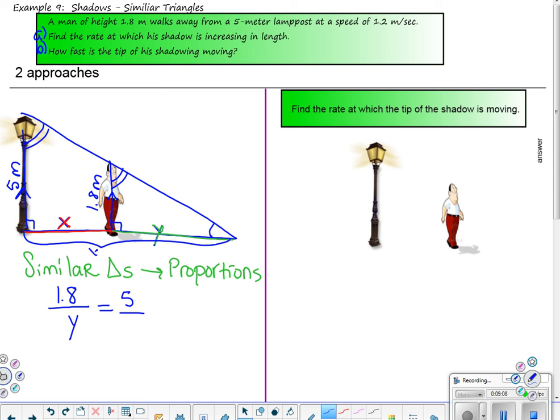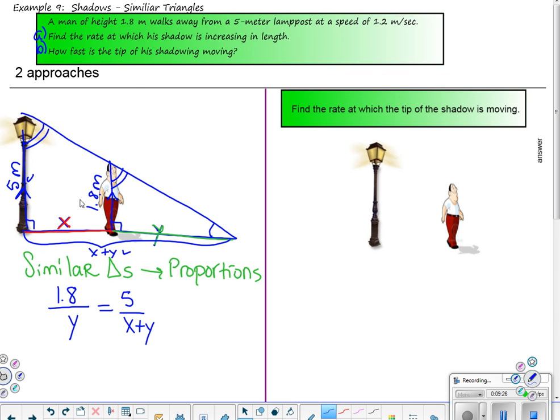So the big distance is x plus y. Hopefully that makes sense to you. I did vertical height is to horizontal distance, like vertical height 5 is to horizontal distance x plus y.